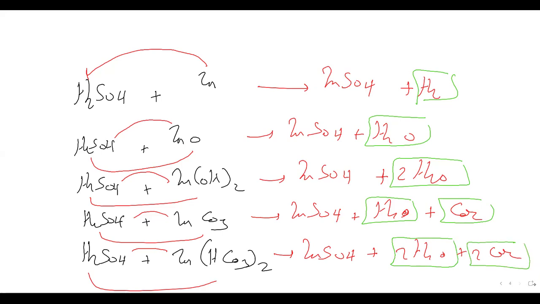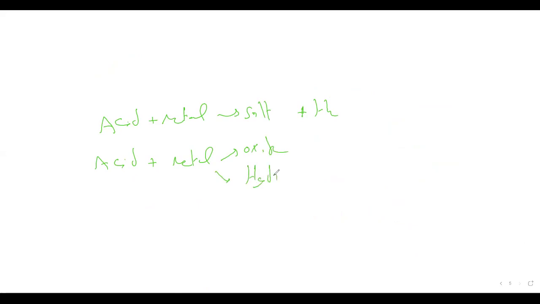This means that when acid reacts with a metal, it forms salt plus hydrogen. When acid reacts with metal oxide or hydroxide, it will form salt plus water.